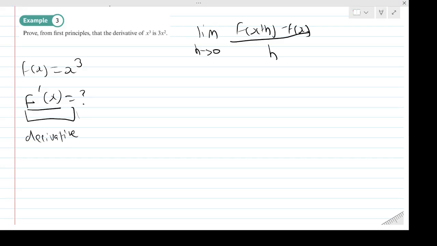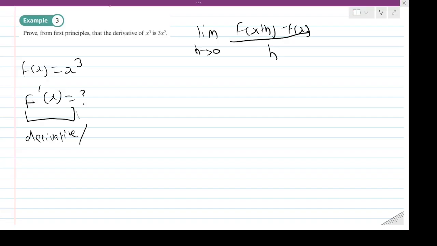As I said, it's going to be a gradient function, so it's a gradient which is also a function in terms of x. That's how we express the derivative or gradient of a function. So if I have a function, then the gradient function or the derivative will be marked by this apostrophe. Therefore, I can say f dash of x is equal to my gradient expression here.